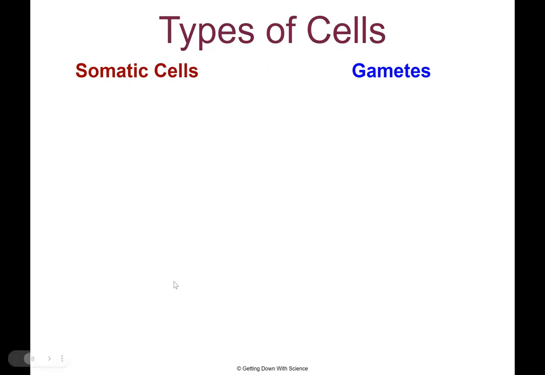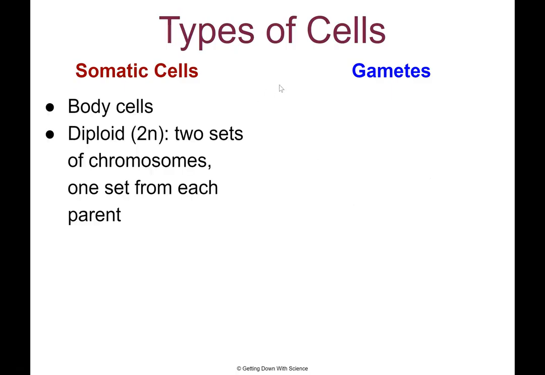Okay, so we have 2 key types of cells, and it's important to know about these different types of cells because some of the behaviors will be different based on these general types. So we have somatic cells and we have gametes. Somatic cells are body cells.